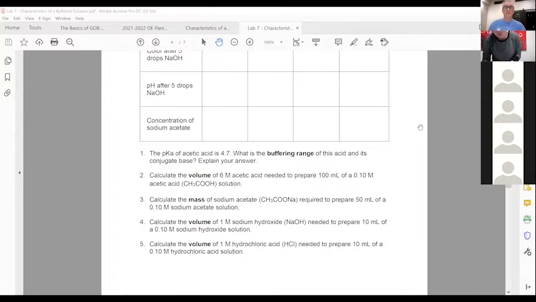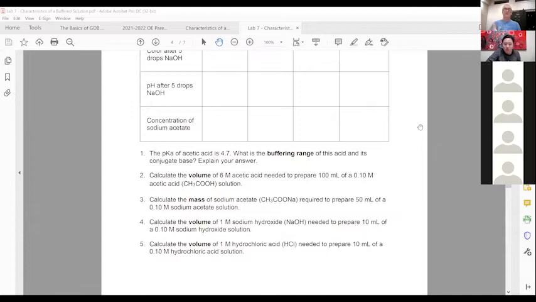So the pKa of acetic acid is 4.7. What's the buffering range? The buffering range is different from buffering capacity. Buffering capacity says how much strong acid or strong base can I add, and the pH won't change drastically. The buffering range is at what pH it is a useful buffer.